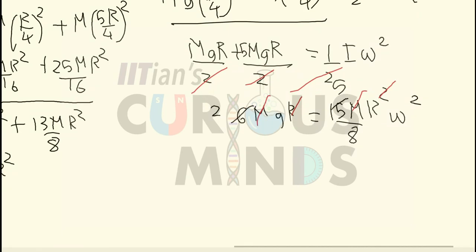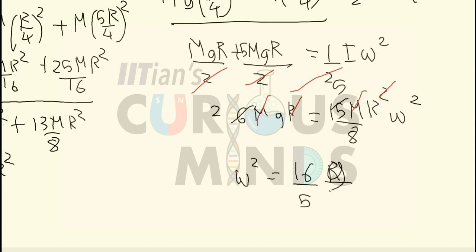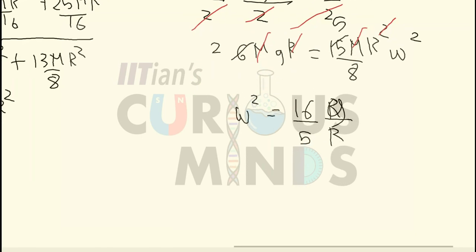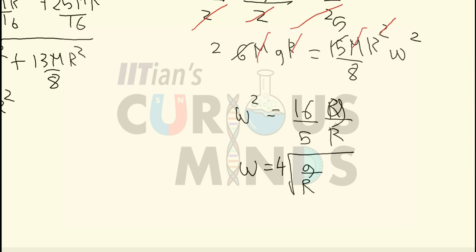So basically ω² will be equal to 8 into 2, which is 16, divided by 5, into g divided by r, this is equal to ω². So ω will be equal to 4 root of g by 5r. So this is ω.